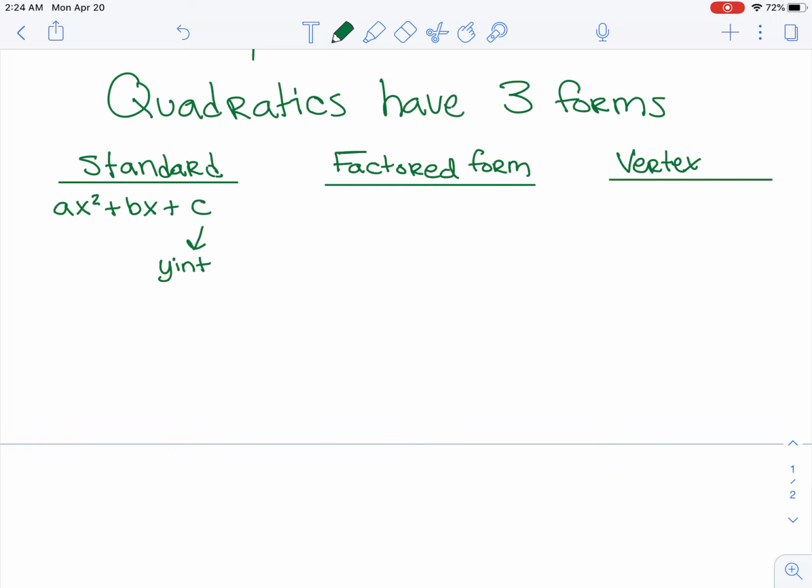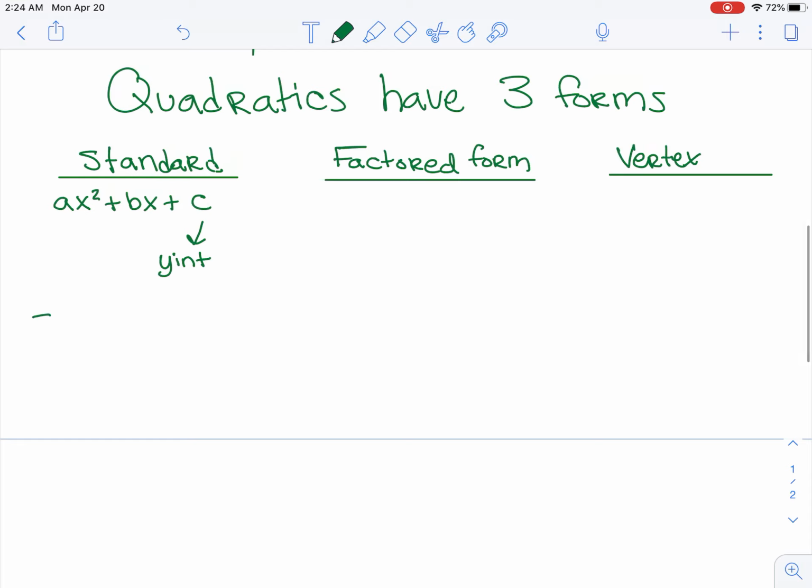It is the y-intercept. A lot of times in my classes, I'll write this with just blanks because some of you do better with that. And I will talk about this as the first number, the middle number, and then the last.